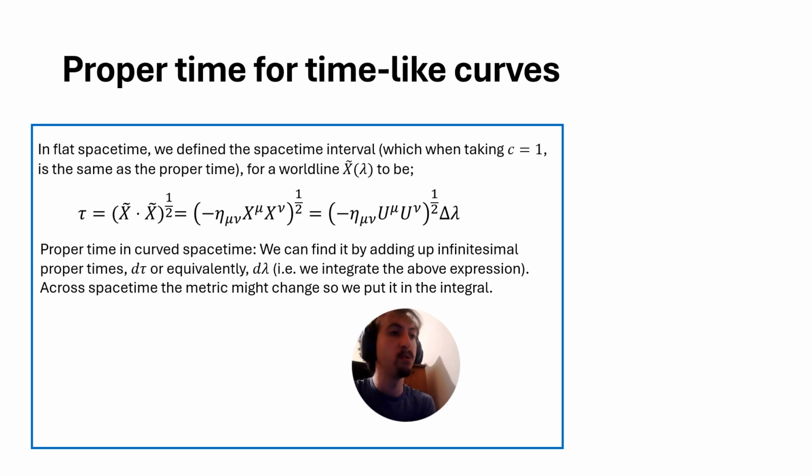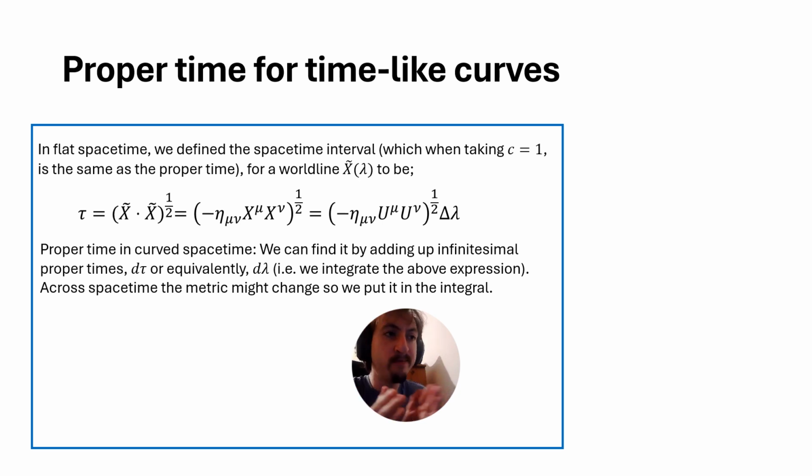But if we want to find the proper time in the context of something that is moving through curved space-time, such as something moving through a gravitational field, then we want to essentially take all of these proper times from each infinitesimal segment of space-time where our space-time is flat, and add them all up together, because we're using the idea that curved space-time is a smoothly curved surface.